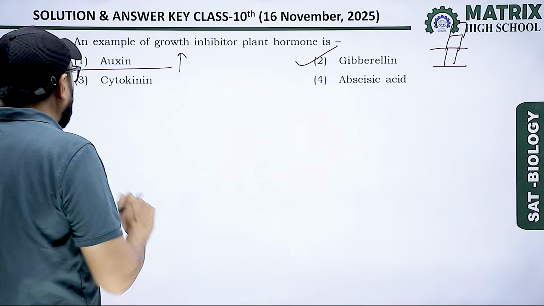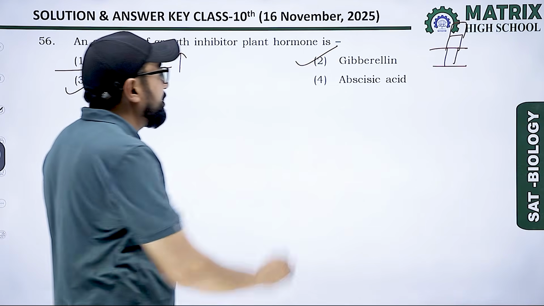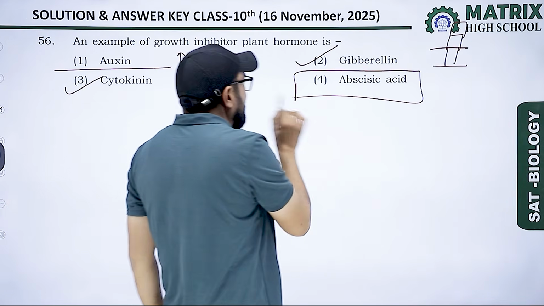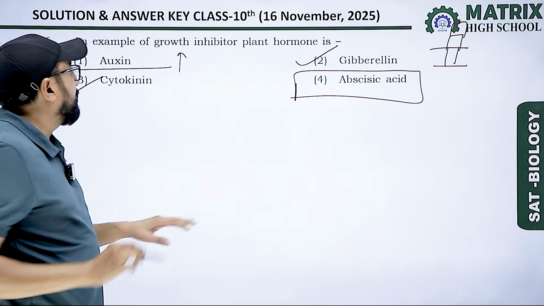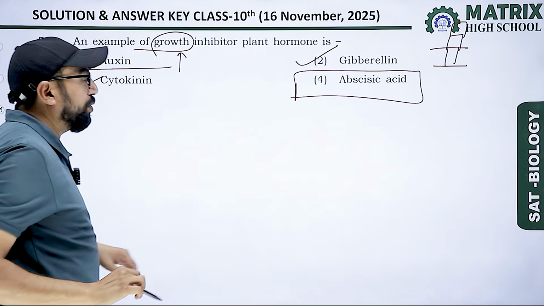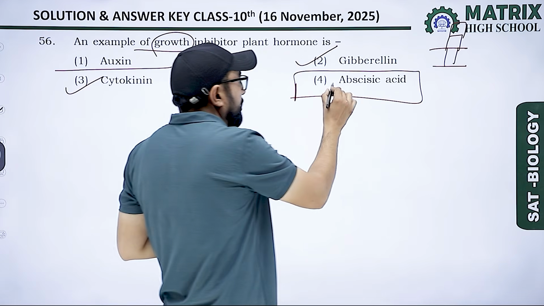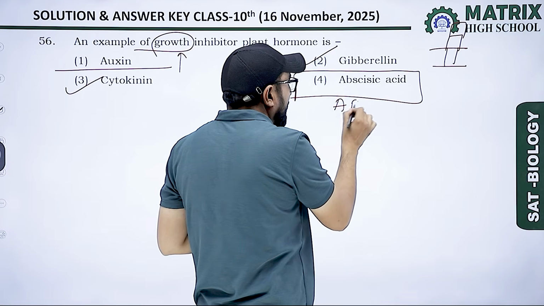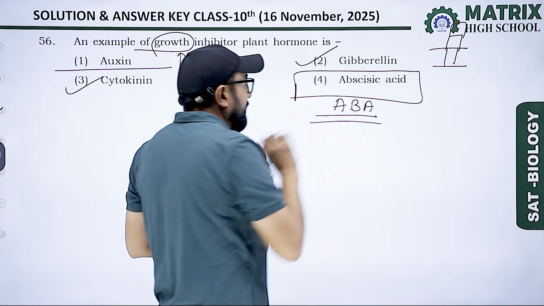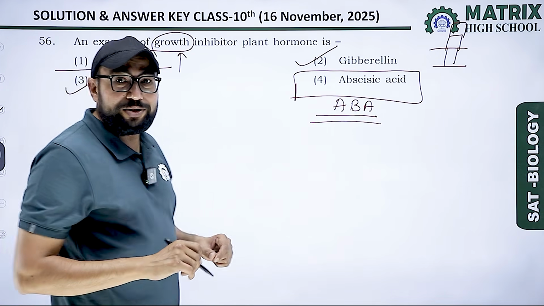Next, cytokinin is for cell division, but abscisic acid inhibits growth in stress conditions. So ABA, abscisic acid, is the correct answer for this question.